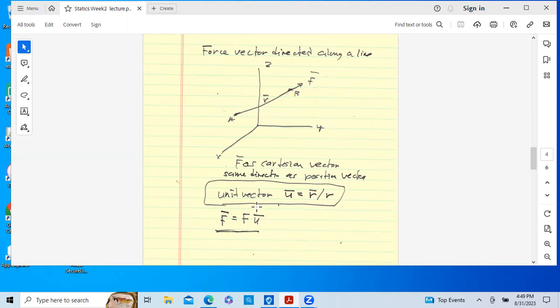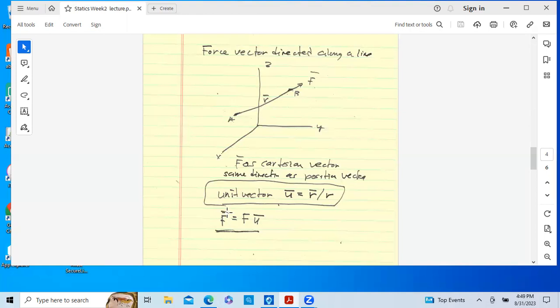This is a very easy way to determine unit vectors, and we'll do this in a problem in a few minutes as we go through this. So the force F as a Cartesian vector has the same direction as position vector. And with that being the case, we can define the unit vector, which has the same direction as the position vector. So the unit vector is equal to the position vector divided by the magnitude of the position vector.